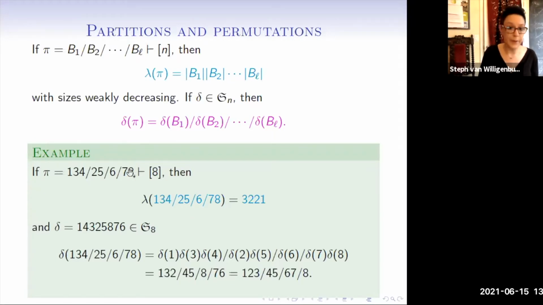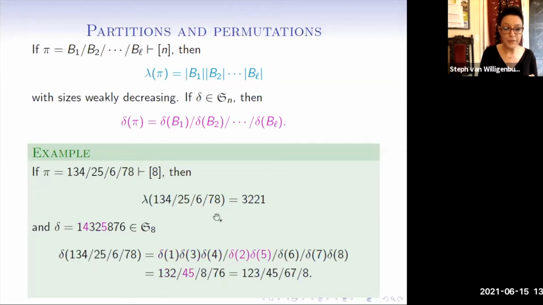And then given a permutation delta, delta of pi is going to be: you let delta act on the first block, then delta act on the second block, and so on. So if delta is 1, 4, 3, 2, 5, 8, 7, 6, then delta of pi is the following. 1 goes to 1, 3 goes to 3, and 4 goes to 2, giving us 1, 3, 2.